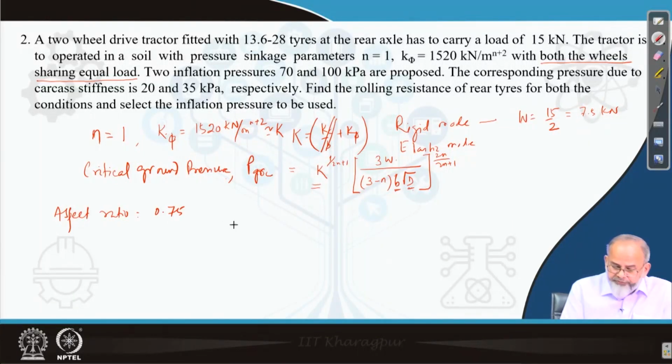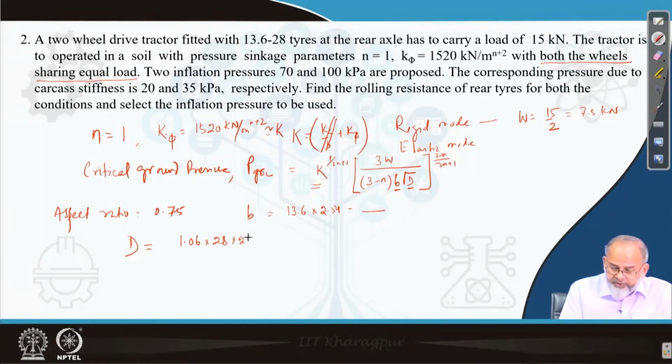Now find out the section width b and diameter d. Section width b will be equal to how much? It is given as 13.6, so 13.6 into 2.54, that will be in centimeter. For finding out d, we have already given that formula in the theory class. It is 1.06 times nominal rim diameter, which is here 28.